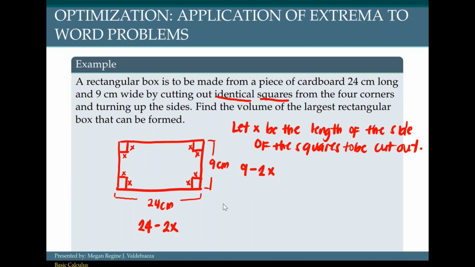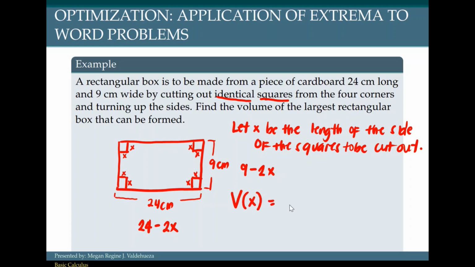So the height, since it is a box, will be the length of the square, that is x. So since we are to find the volume of the largest rectangular box that can be formed, we can denote the function as V of x.